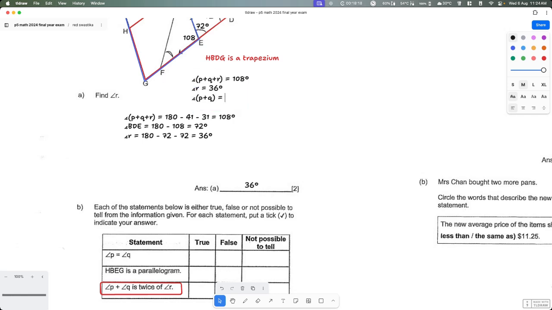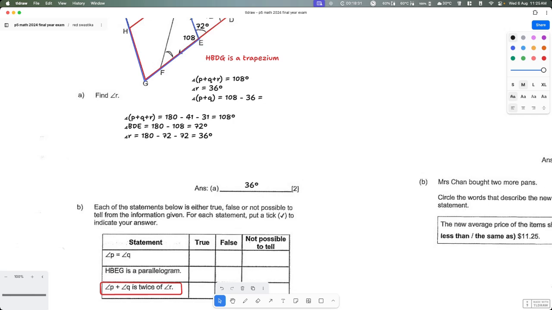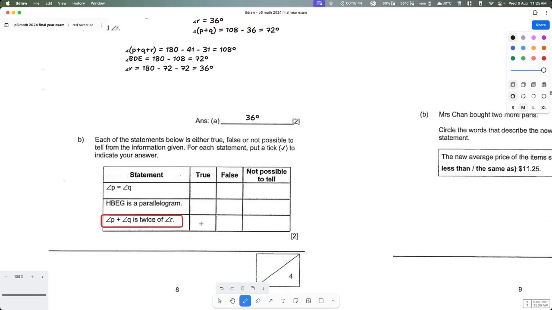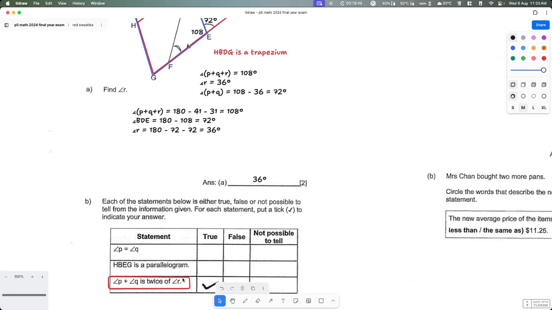Let's do that. 108 minus 36 will give us 72 degrees. So in this sense, P plus Q is twice of R, since we see 36 and 72. So that means this is true in this case over here.